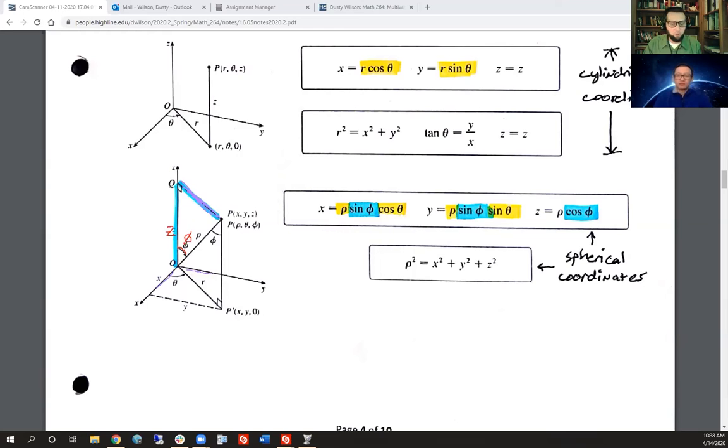Okay, so let's see if we can do some algebra and apply these formulas.